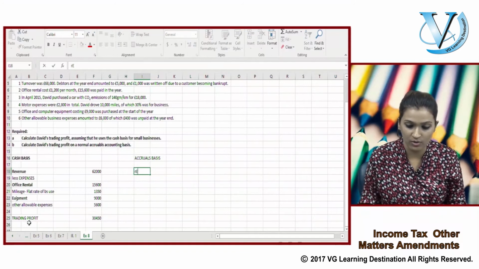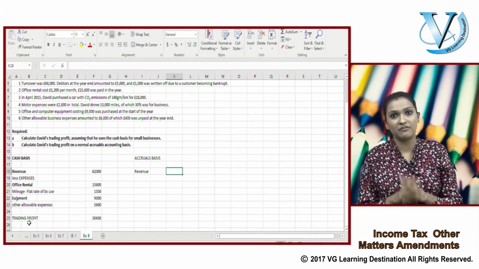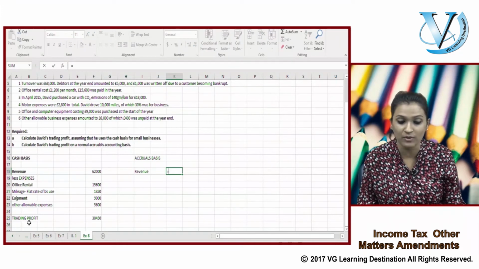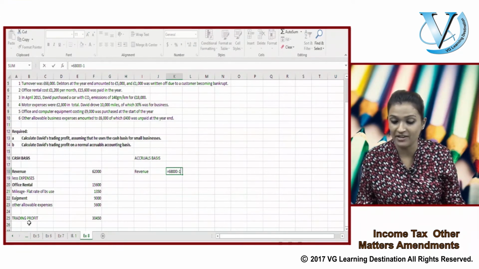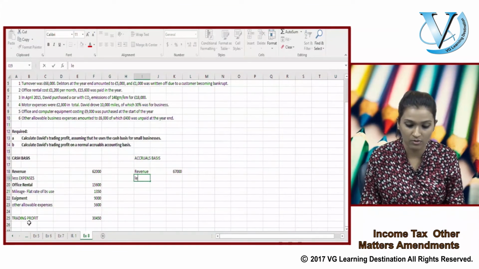Start off with revenue again. How much revenue are you going to recognize? Under accruals basis, you definitely recognize your debtors. So only the write-off is going to be reduced: 68,000 pounds minus a write-off of 1,000 pounds. What next?